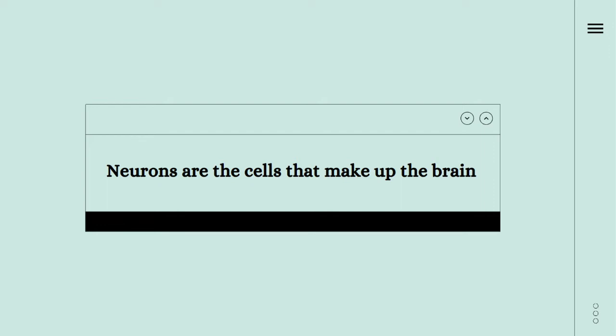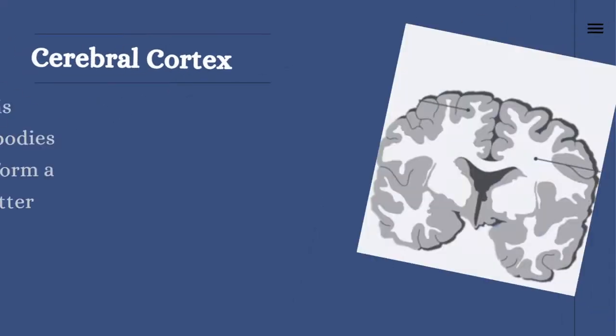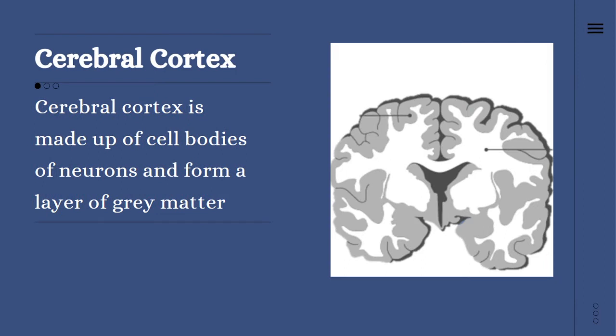Neurons are the cells that make up the brain. Then cerebral cortex, which is the surface layer of the cerebrum, is made up of cell bodies of neurons. Cerebrum is the most conspicuous part of the brain, and the surface layer of the cerebrum, which is called the cerebral cortex, is made up of cell bodies of neurons.